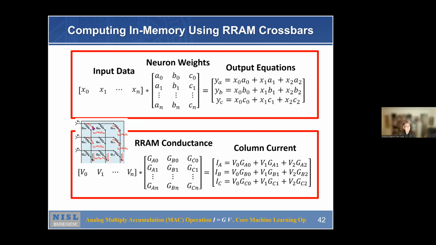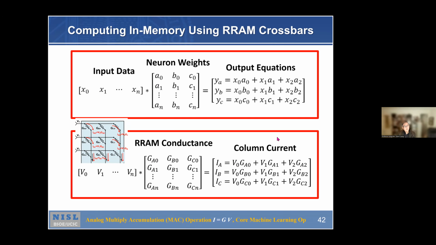This shows how you can do analog computation. This shows a crossbar array with memristors. You multiply, and then you have a current sum of currents, which is like here: input data, neuronal weight, so synapse weight, and then the output equation, just like this circuit here.